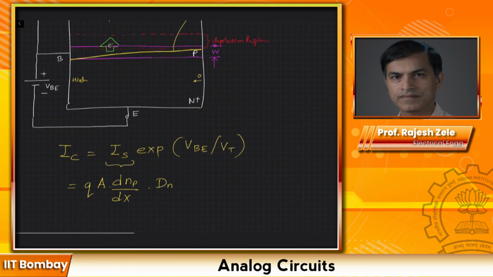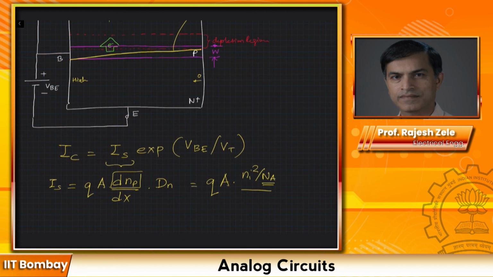Okay, this is your IS, which is equal to again Q area. What is dn/dx? That is going to be Ni squared divided by NA, which is the doping in the base region, the hole doping in the base region, and Ni squared divided by NA will give you the electron concentration in the base region.